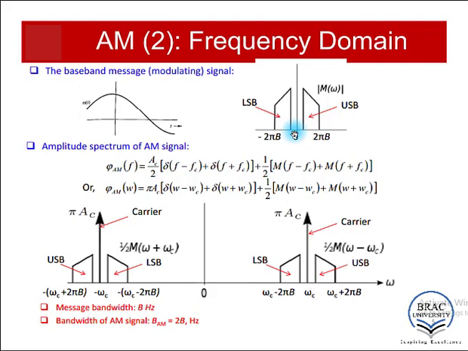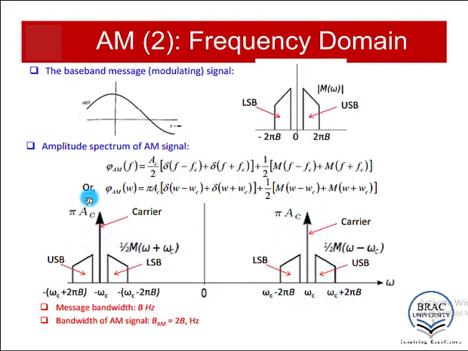After modulation, the spectrum is divided into two alike portions and the center frequency shifted to omega c and minus omega c. You can see the amplitude of each portion is half, because the power must be conserved. Total power in M(omega) is now distributed into two parts.